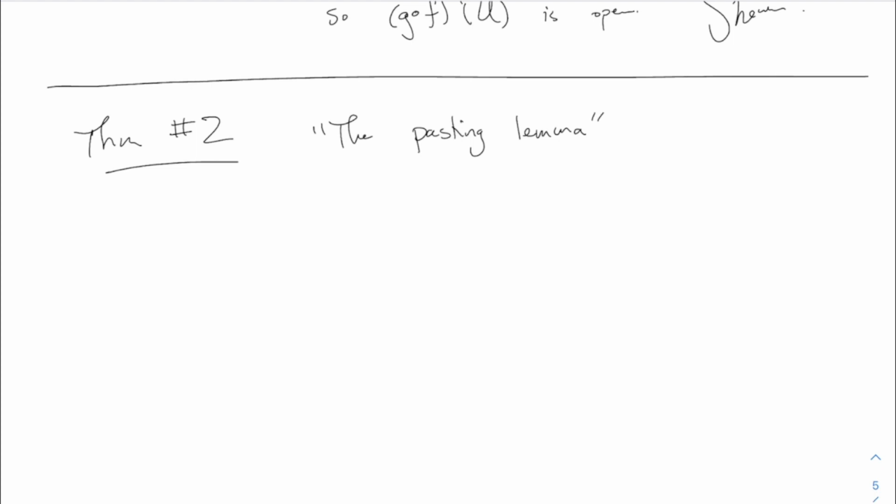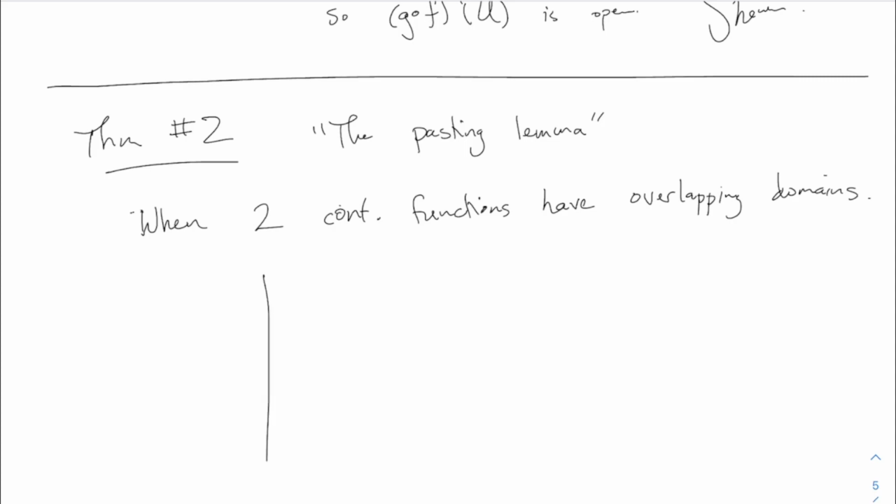And this is another way of combining continuous functions. This is about sort of the situation when two continuous functions have overlapping domains. All right, so if you're thinking about real valued functions, you might have, say, F looks like this, maybe only defined on an open set is fine, and then G looks like this maybe.